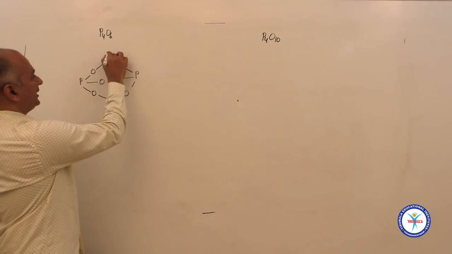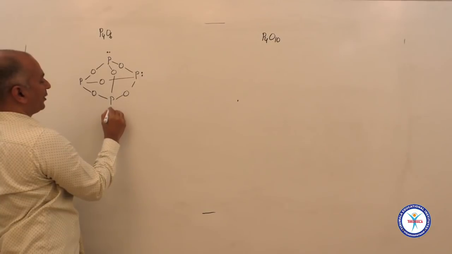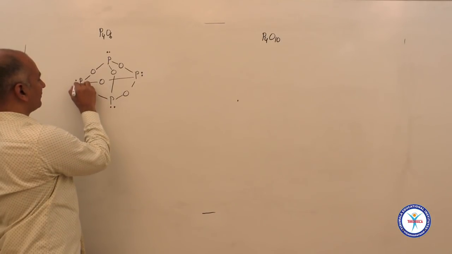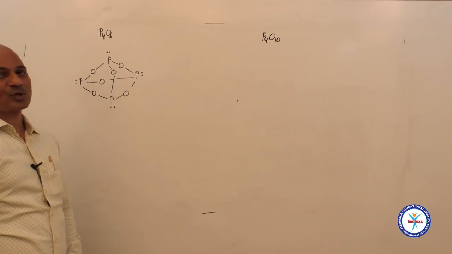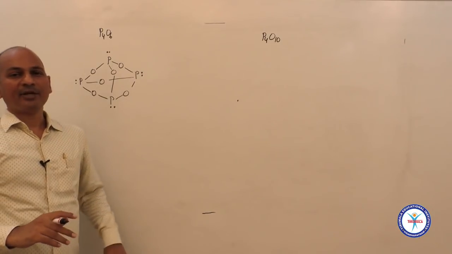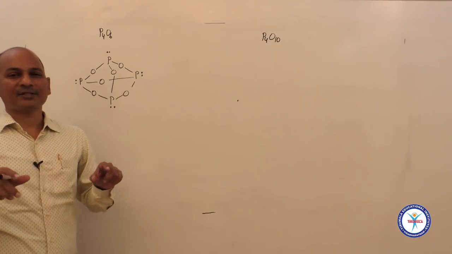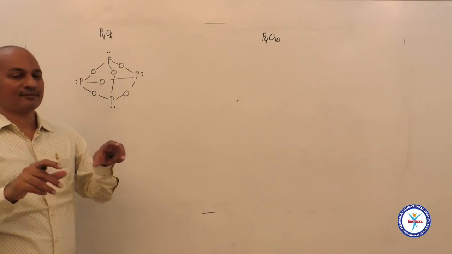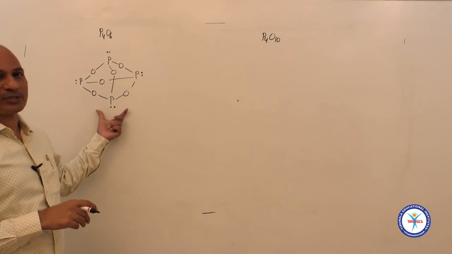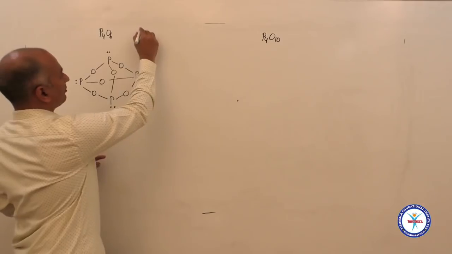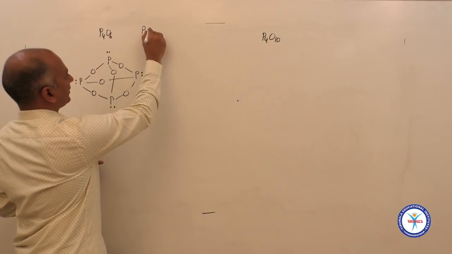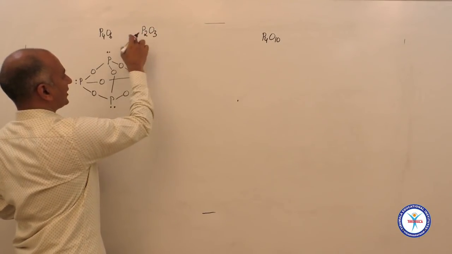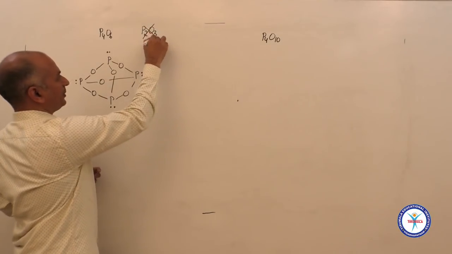And each phosphorus has one lone pair. So it is basically P4, and between all phosphorus you insert oxygen. So you will get P4O6. And you please remember, all of you, there is no P2O3. Although P4O6 is generally written like this, but there is no P2O3.